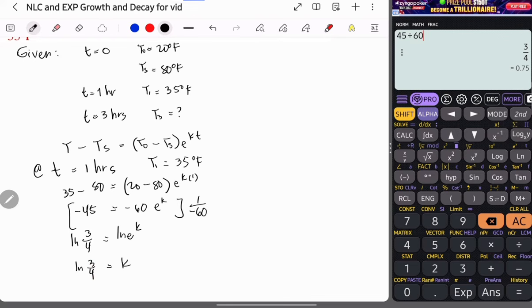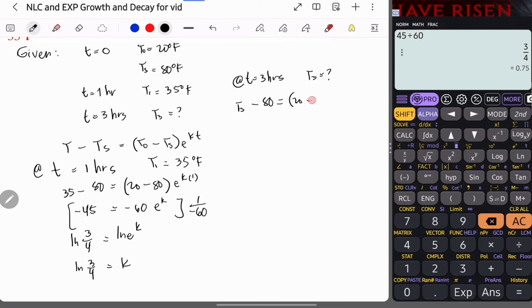Now that we have the value of k, we will find the temperature now. So at t equal to 3 hours, T3 is missing. So what is our temperature at time 3 hours? T3 missing. Minus Ts is 80. T sub O is 20. Minus Ts, 80.